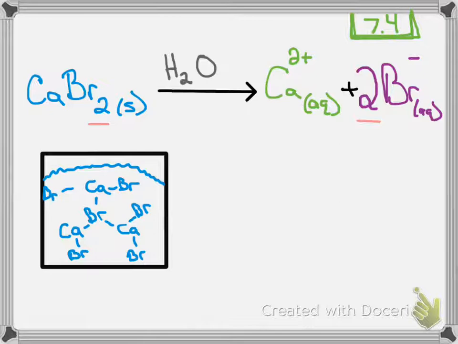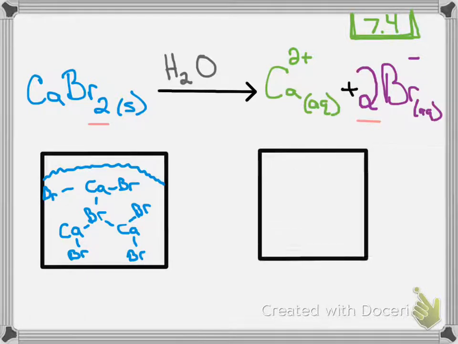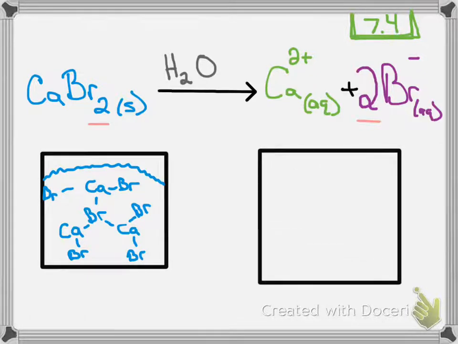Now let's think about what's happening inside of our beaker when the water is added. So here's my beaker again. And now instead of the calcium and the bromine actually being attached to one another, we have calcium ions that are floating around in solution. And they're totally independent of the bromine ions that are floating around in solution.